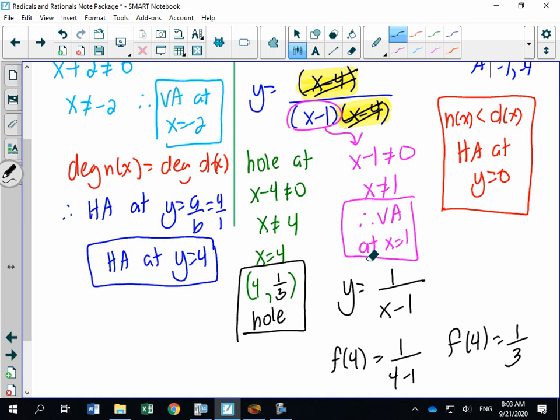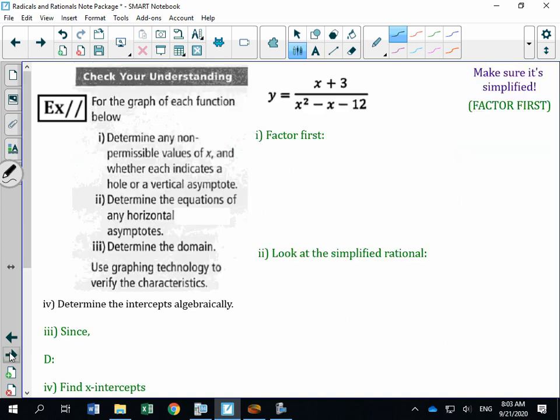We will do one more class example, and then that will be it for part 2, and I will be doing a third part. So again, it says for the graph of the function, determine any non-permissible values of x and indicate whether each is a vertical asymptote or a hole. So remember that whenever we're given a rational, we must factor. So I'm looking here for what gives me a product of -12 and a sum of -1.